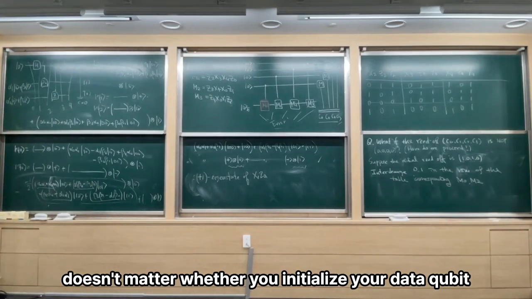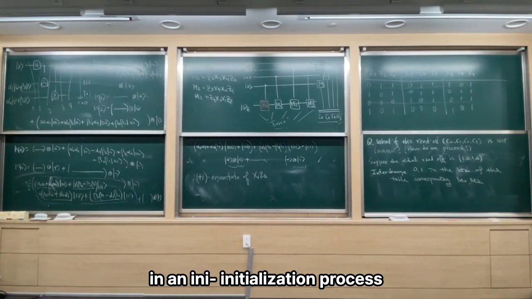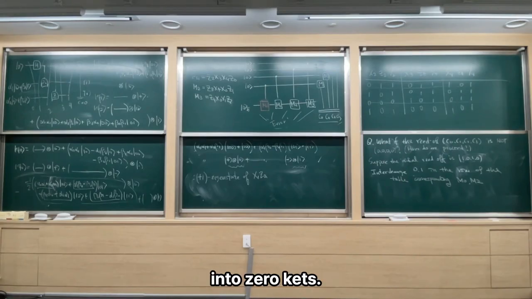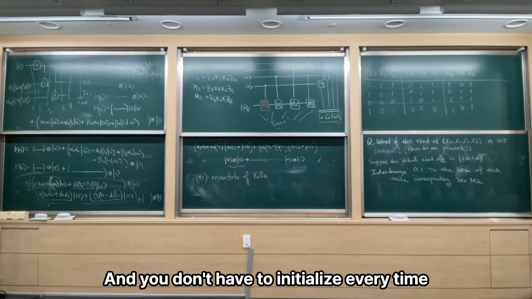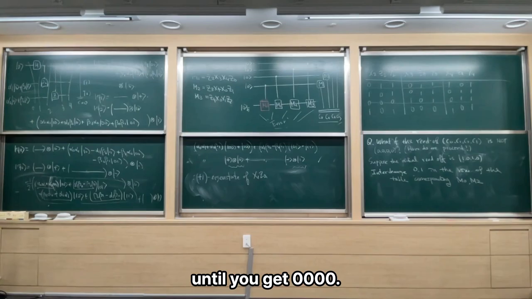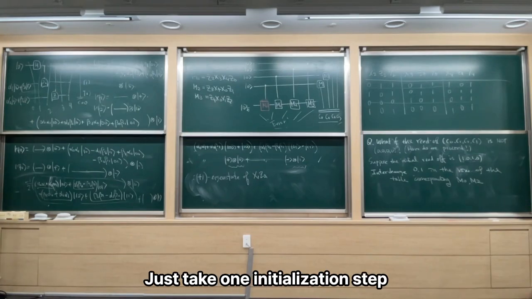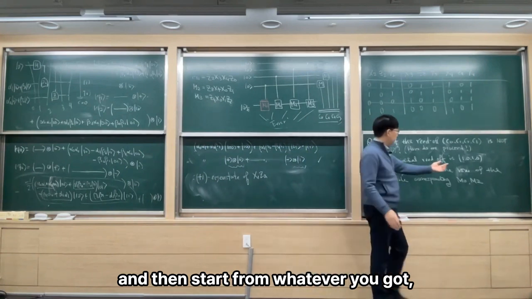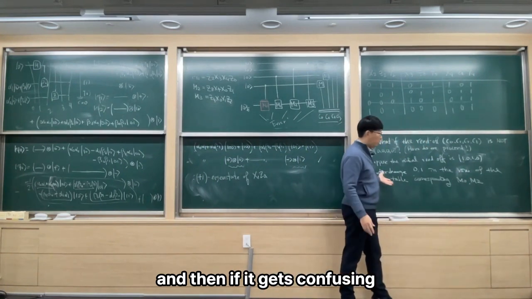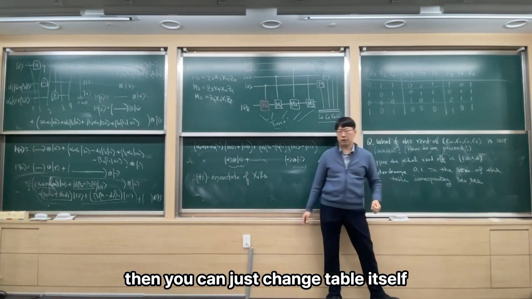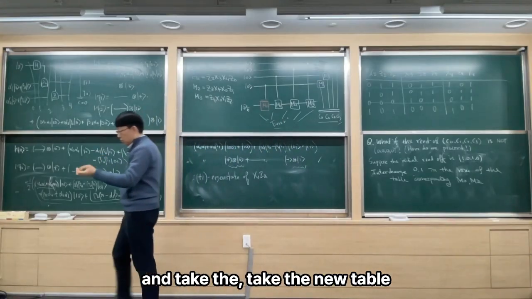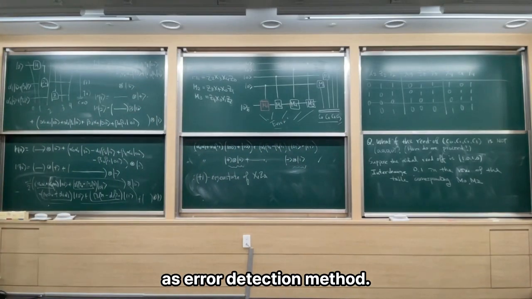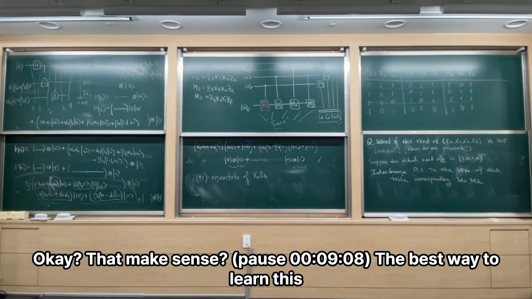It doesn't matter whether you initialize your data qubit into zero cats in the initialization process of your quantum error correction, and you don't have to initialize every time until you get 0, 0, 0, 0. Just take one initialization step and start from whatever you got. And if it gets confusing, you can just change the table itself and take the new table as your error detection method. Okay? That makes sense?